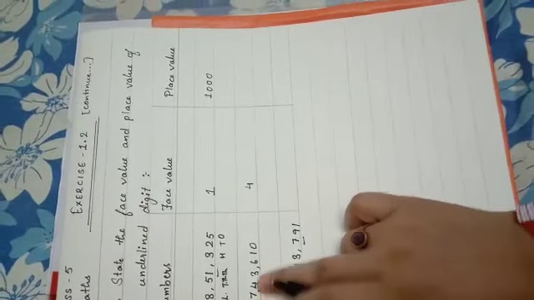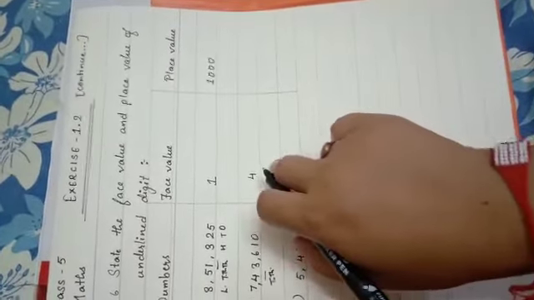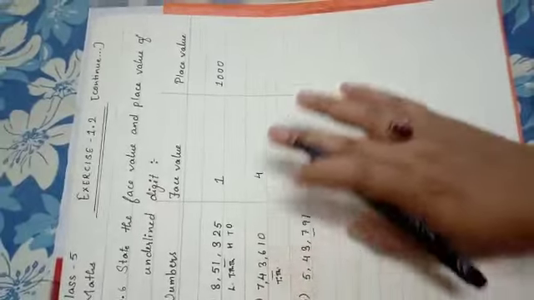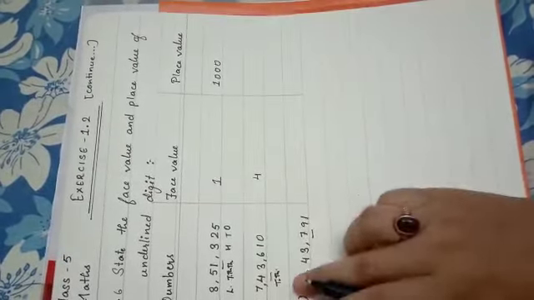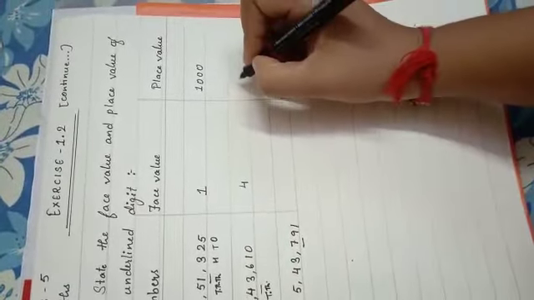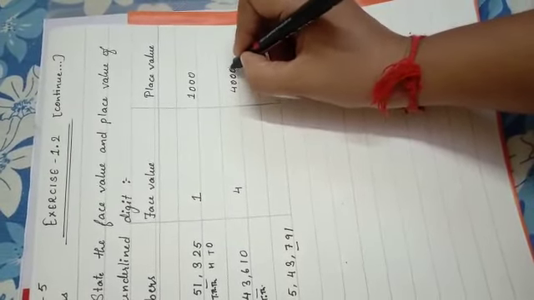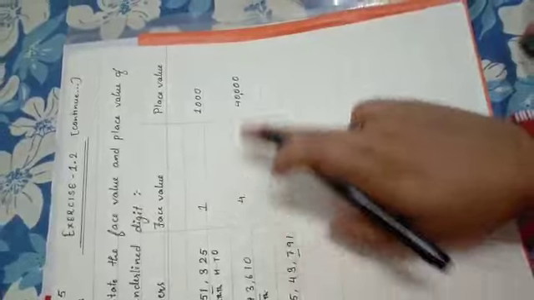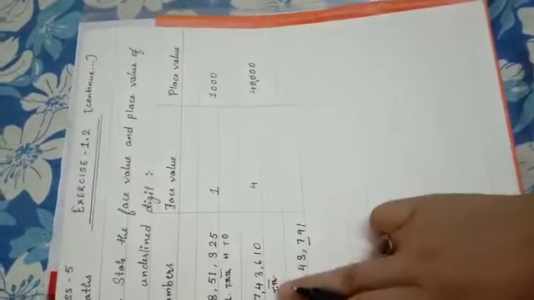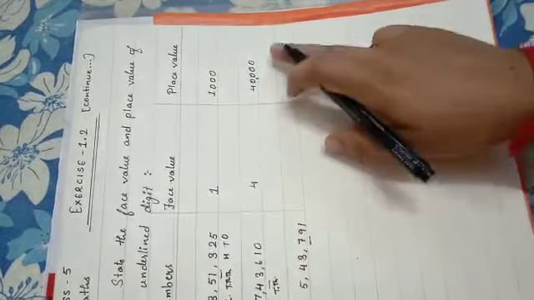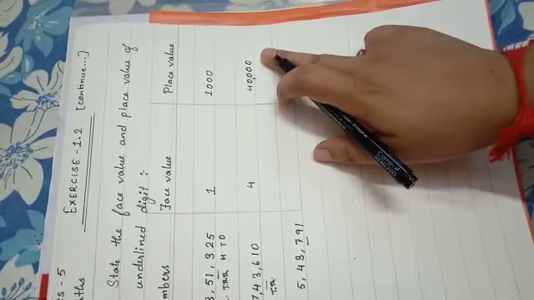The face value of this 4 will be 4 only, no 40,000 and all. But for place value I have to write 4, then 4 zeros, which makes 40,000, because 4 is at 10,000's place.